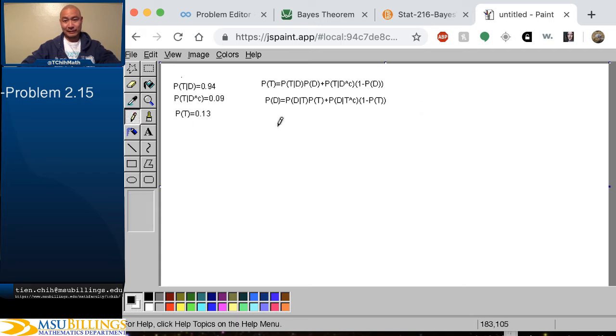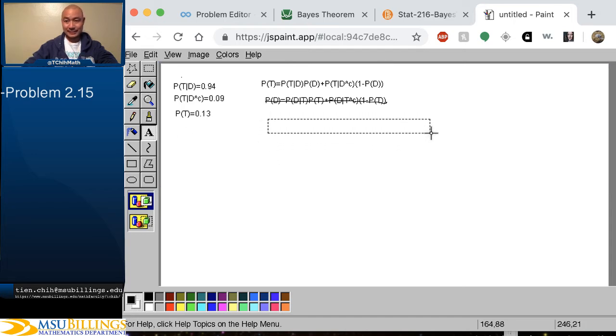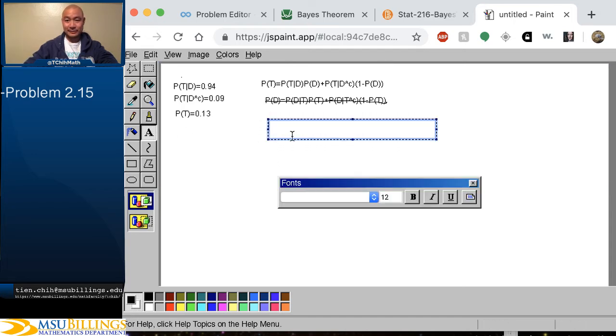So let's go ahead and get our pencil here, and let's scratch that out. That's not useful to us. So let's go with this first thing here. If that's what we're working with, then what does that look like? Well, P of T, do I know what that is?